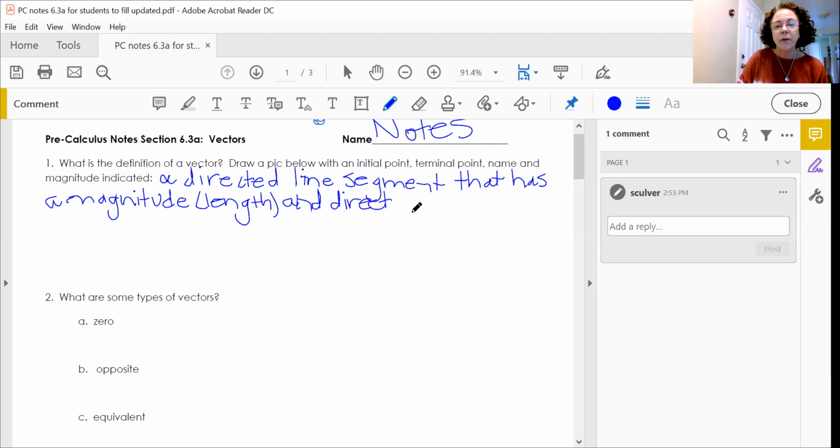We also use an arrow on the directed line segment, but later on we will be using theta, which means that we will be using trig. Trig is just everywhere, isn't it?